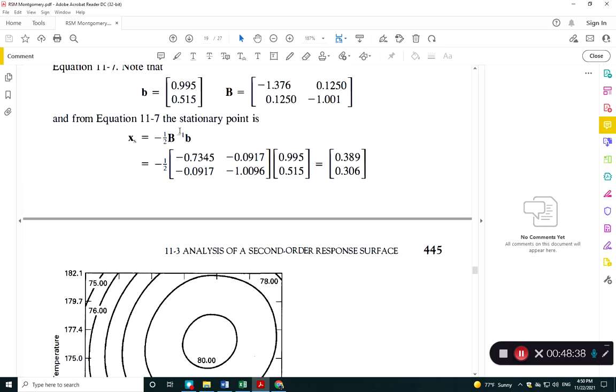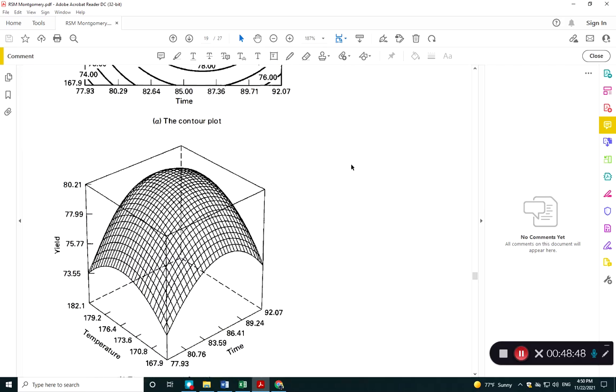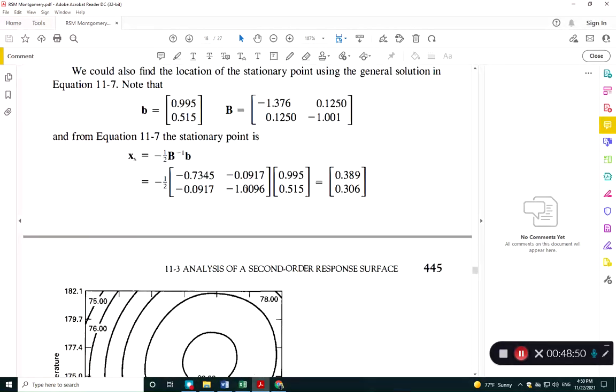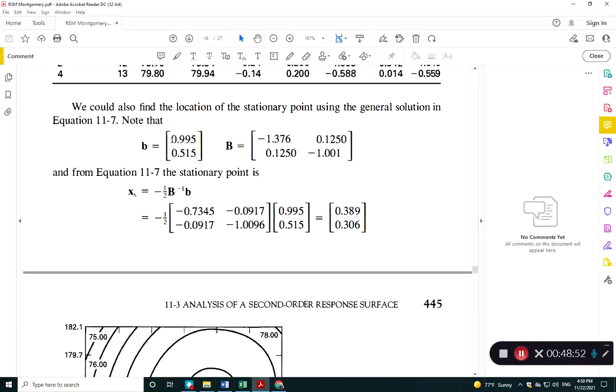Then using this, you can use Excel to calculate and figure out where your stationary point is. Step number 1, you find your B parameters and your capital B matrix.